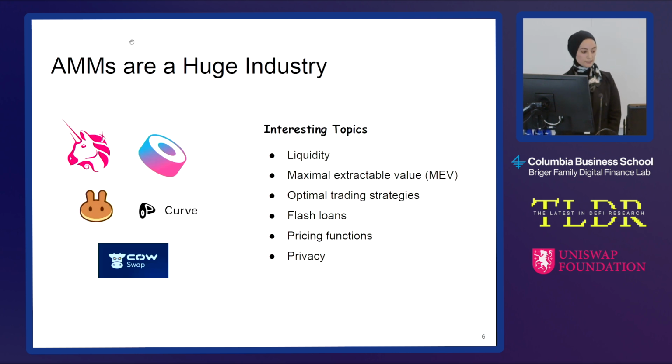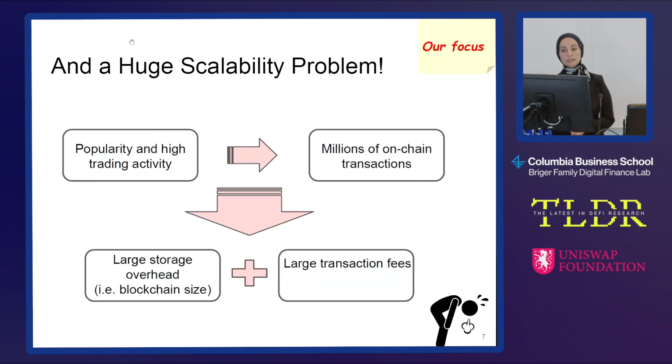AMMs are a huge industry. There are several examples of successful deployments out there, and they led the research community to explore interesting topics to improve the initial designs that we know. Unfortunately, at the same time, AMMs are a huge scalability problem.